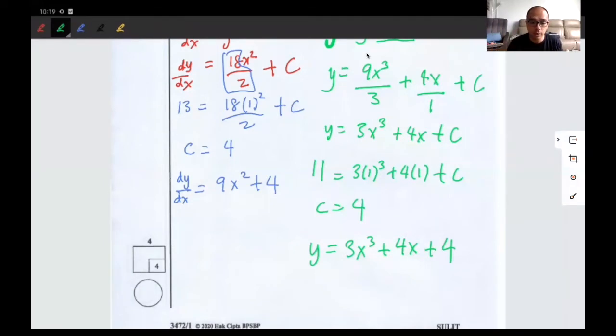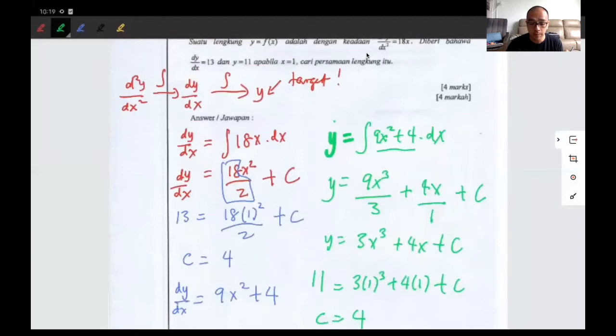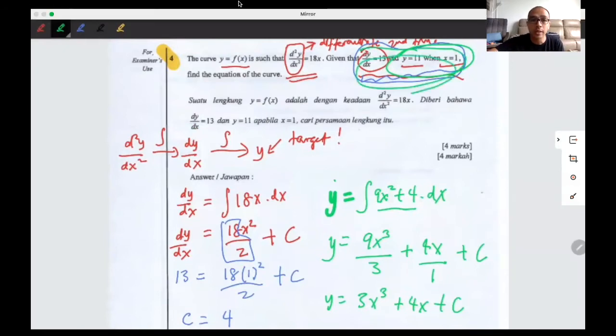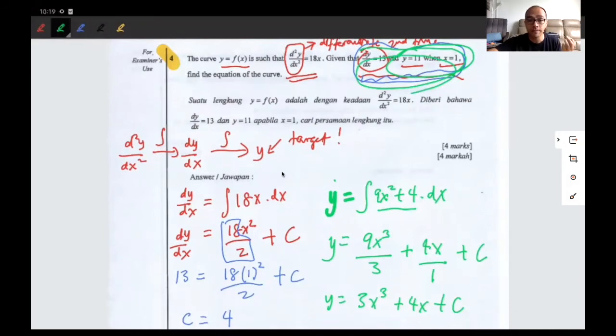So it's actually a good question for us to practice integration twice. Always don't forget lah bahawa the information given over here always bertujuan ini. There is always a purpose to that information. And usually the purpose is to find the value of C lah.